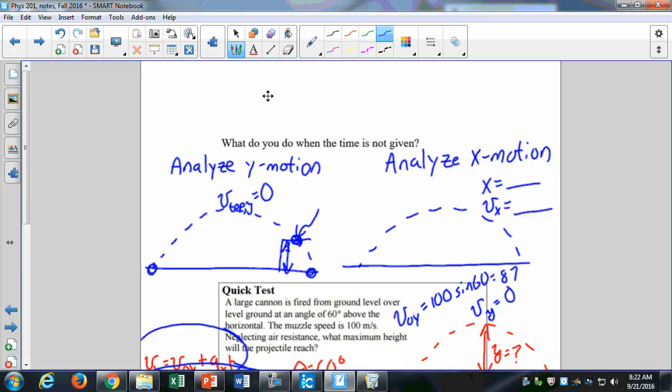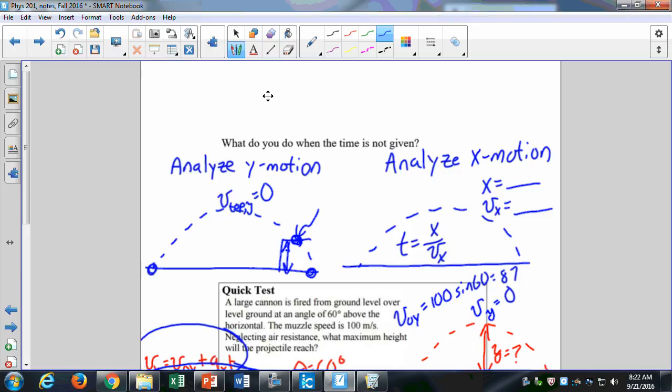So if you're given the x displacement and the velocity in the x direction, then you can find the time. Let's see, x is equal to vx times t, so t is x over vx. That's less common in projectile motion problems, but we'll see a problem where you have to do this in order to find the time, where it gives you the x displacement and the velocity in the x direction.